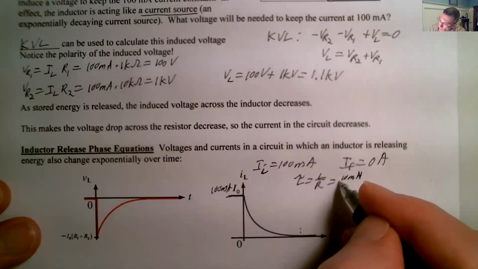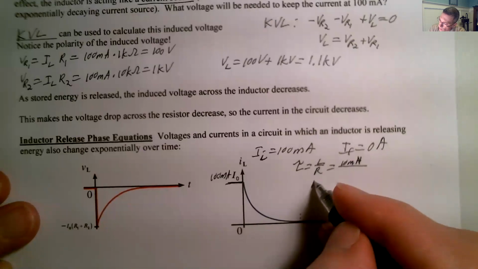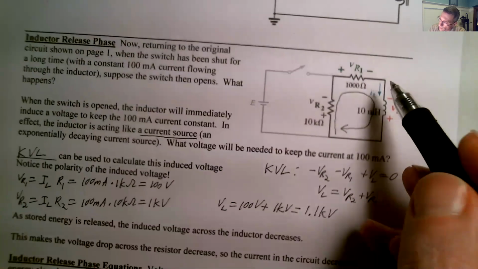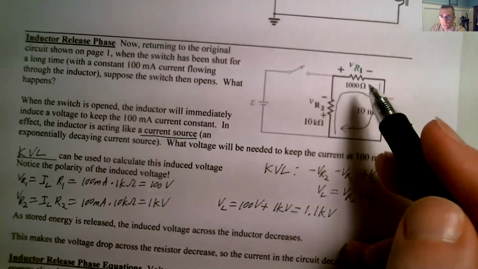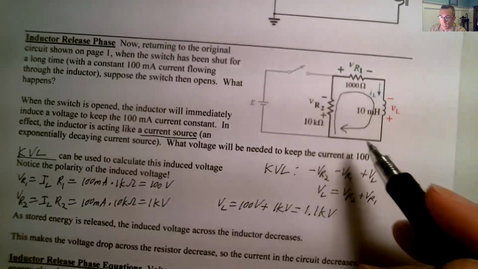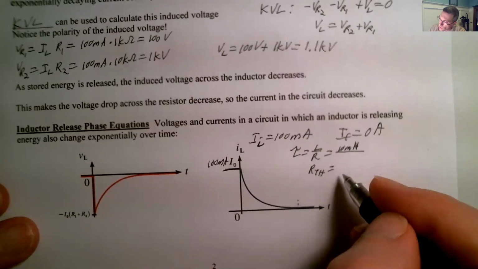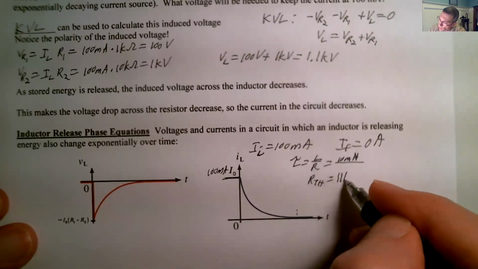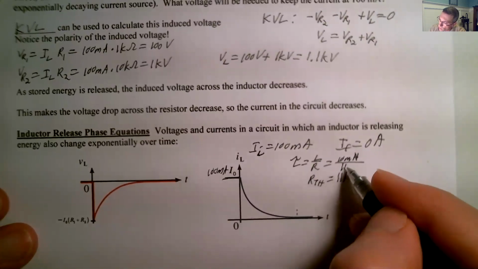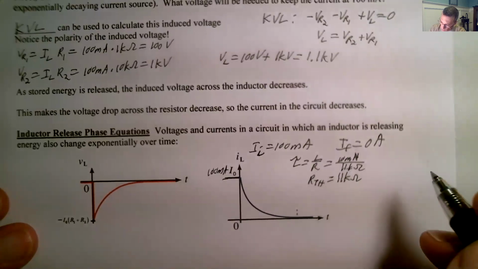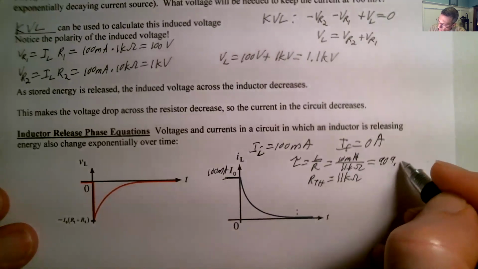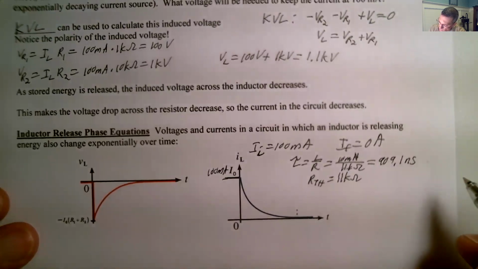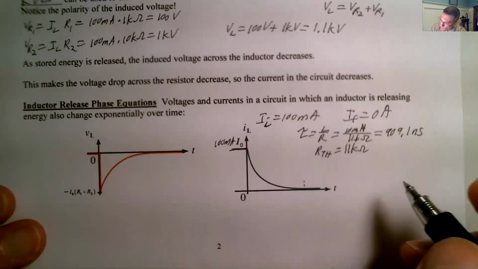But what's R? RTH. If this is a load, we remove the load, look at what's in the line there, and we find that RTH is equal to 11 kiloohms. Well, that's equal to 909.1 nanoseconds. Wow, tau just got really small.